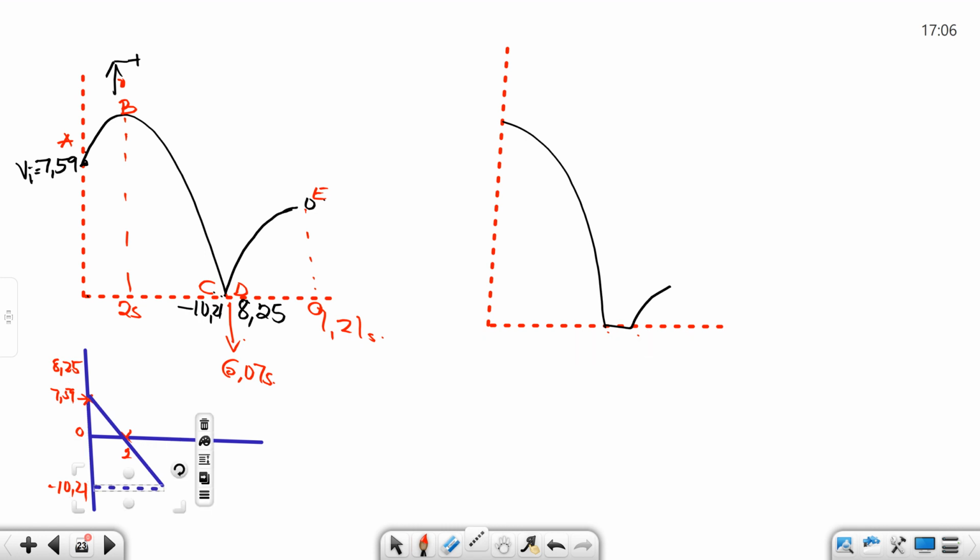I'm going to draw that, and I'm going to draw that. Now, what is this time? 6,07. We okay? Now, do you notice it is at that same time that the velocity becomes 8,25? So at that same time, 8,25. And then it becomes 0 again after 9,21 seconds. And that's all you're doing.